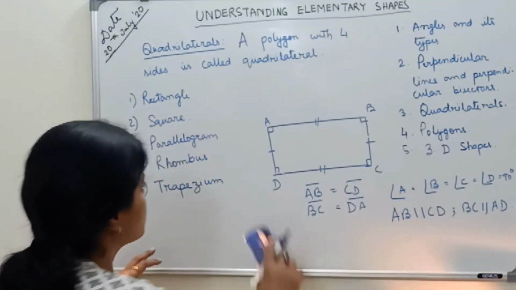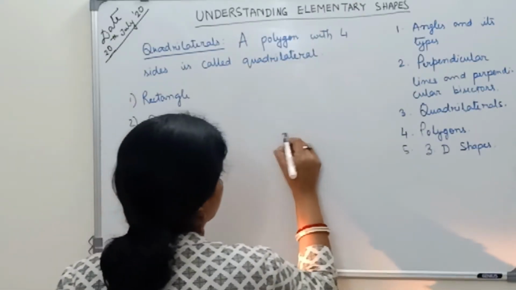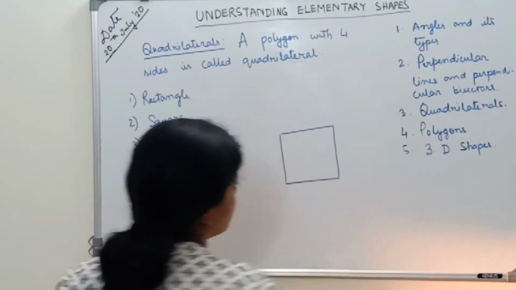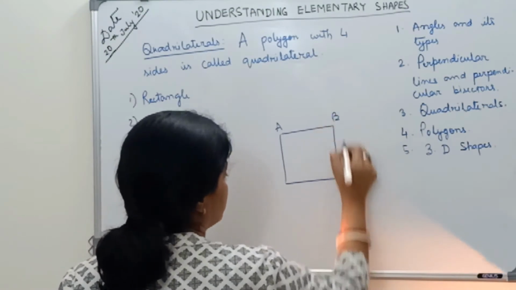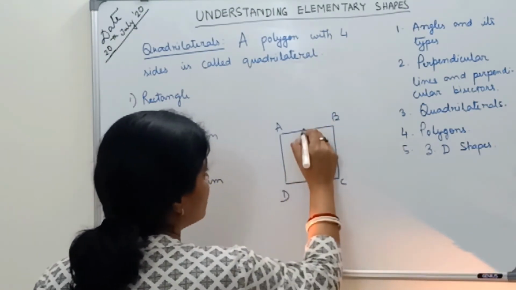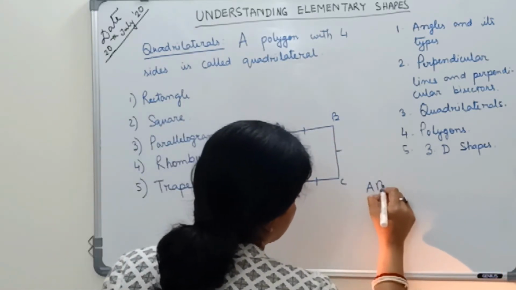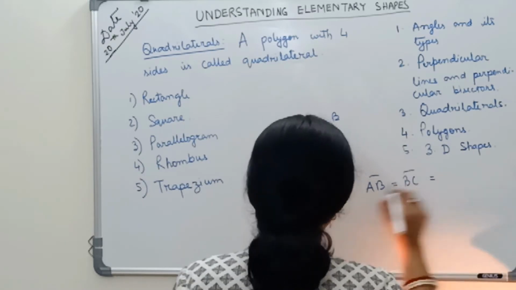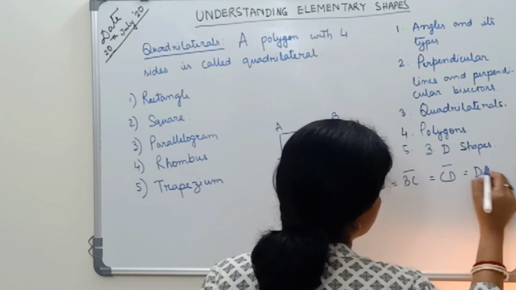Now what is the difference between a rectangle and a square? Square is all the sides are equal. See, this is a square. Means if I name it like A, B, C, D, then all the sides are equal. Side AB is equal to side BC is equal to side CD is equal to side DA.